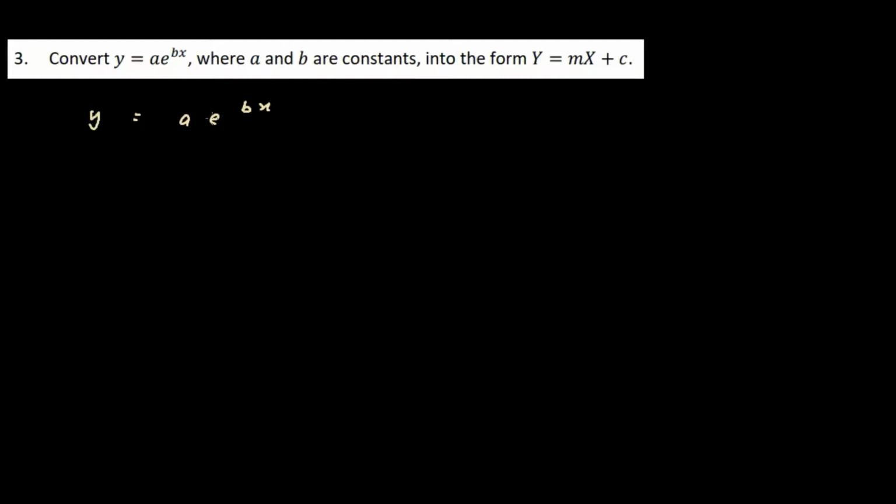Comparing log to the base of 10 and the natural log, the natural log will be much easier in these questions because you have an e here, which in the process can simplify each other. So we'll take natural log on both sides.